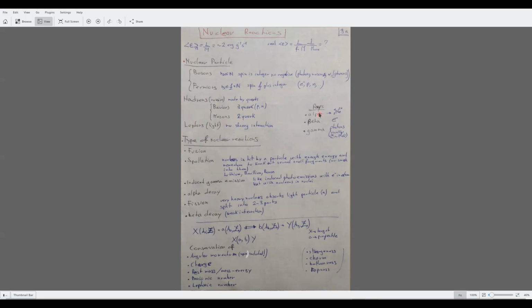Something that is also important to remember: the several rays that, like one century ago, we were talking about. Alpha rays are actually the nuclei of helium 4. You see the 2 that is the atomic number, 4 the mass number, and 2 plus because it's ionized twice.